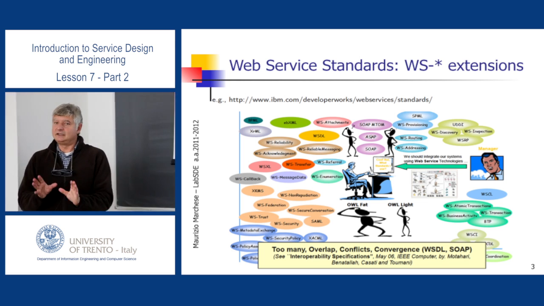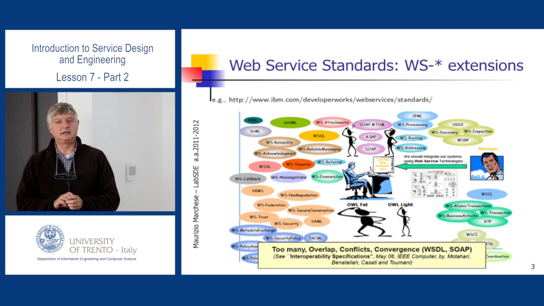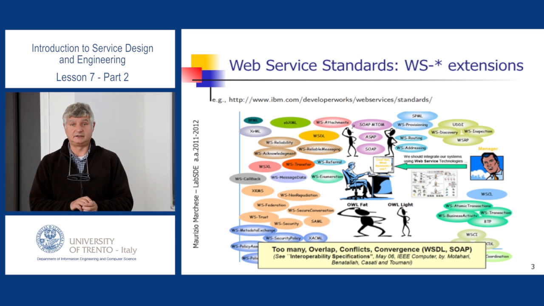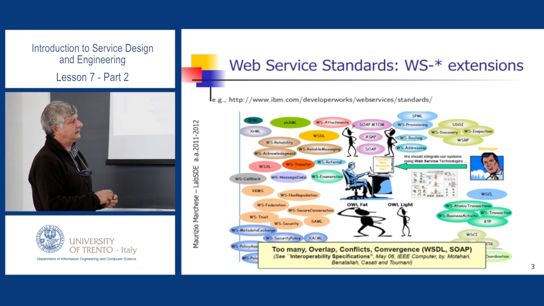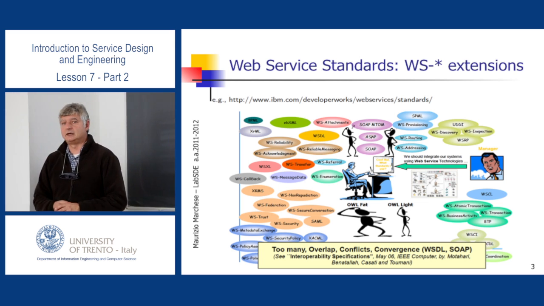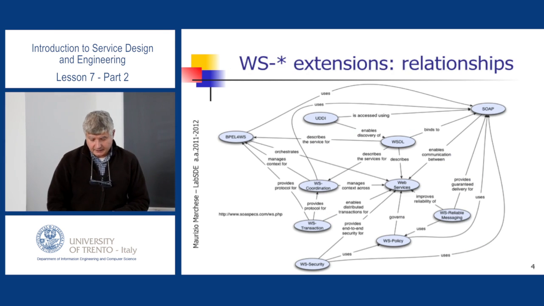So this is the situation in reality as it is. There is really a plethora of WS-star extensions to the previous stacks, and it depends really on the kind of application that you are developing, the one that you are going to pick up.